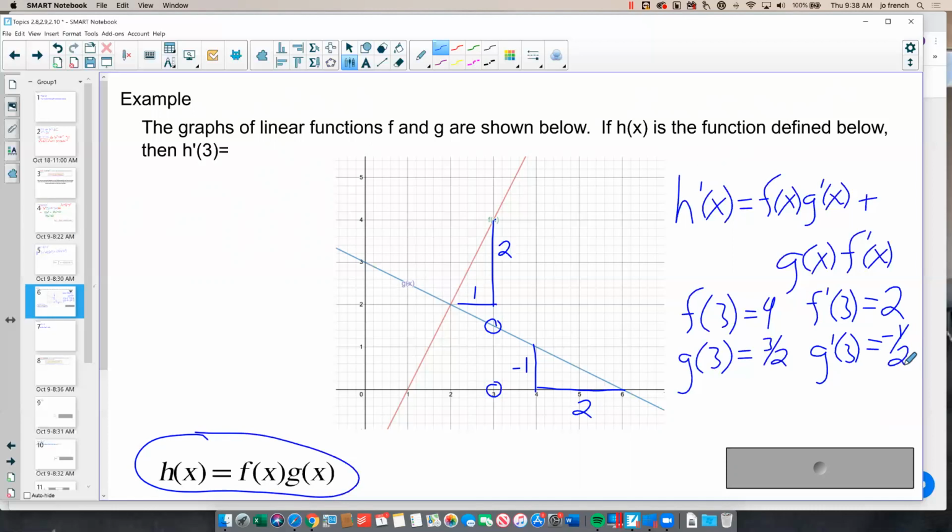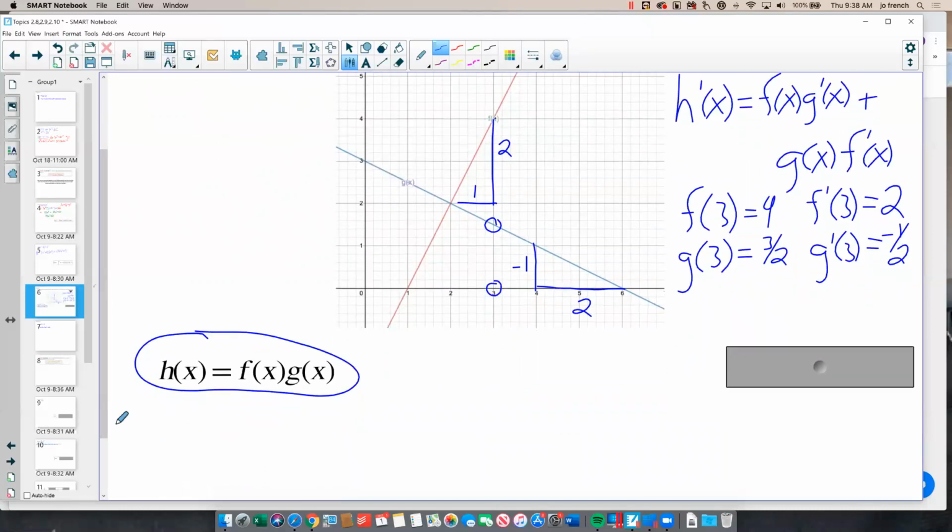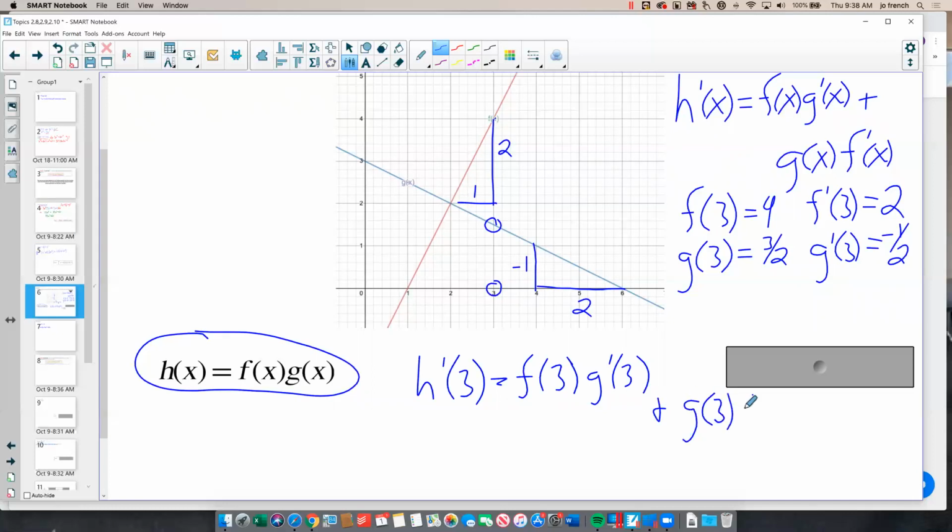So if we put those numbers into our formula, h prime of 3 is f of 3 g prime of 3 plus g of 3 f prime of 3.